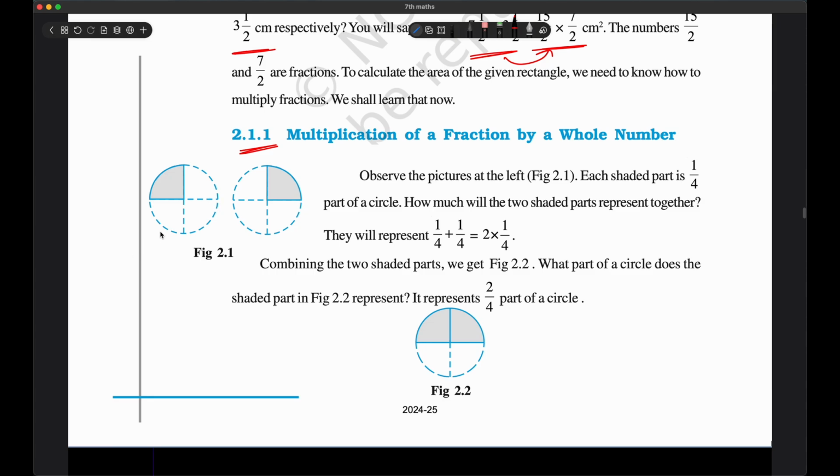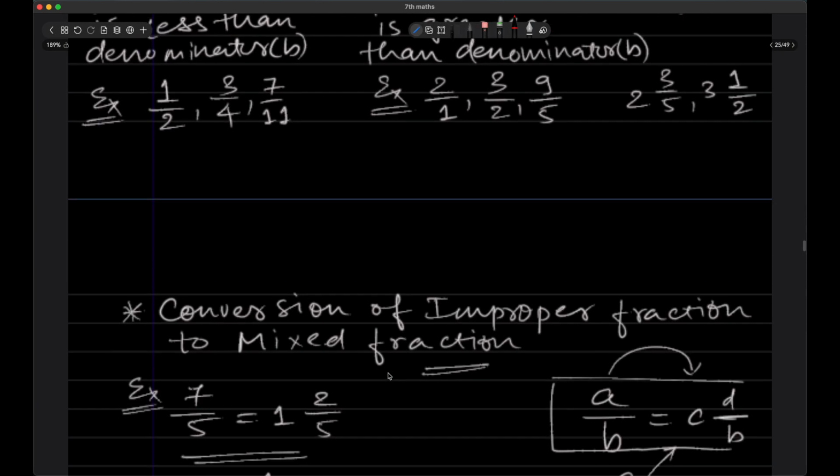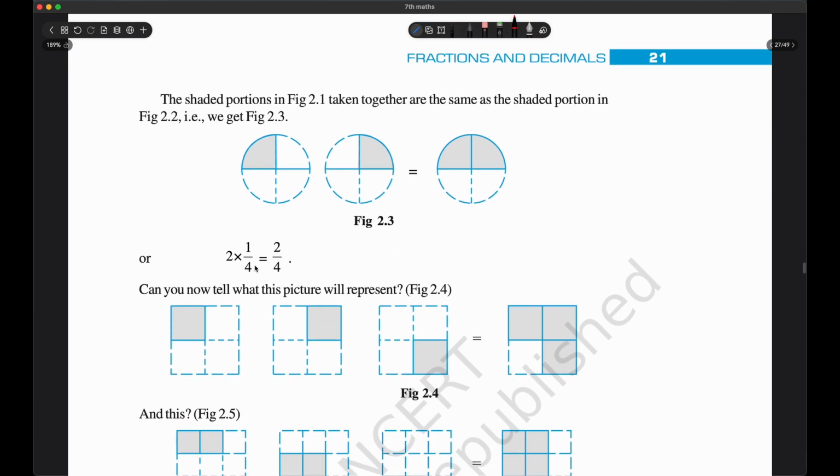Here they have taken the example of 1 part out of 4 parts, 2 times, and they get 2 into 1 by 4 equals 2 parts out of 4 parts, that is 2 by 4.